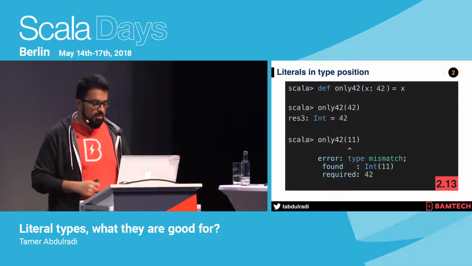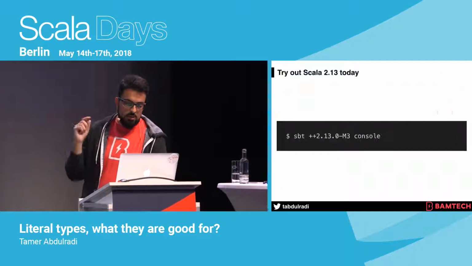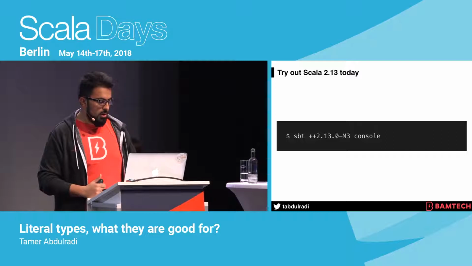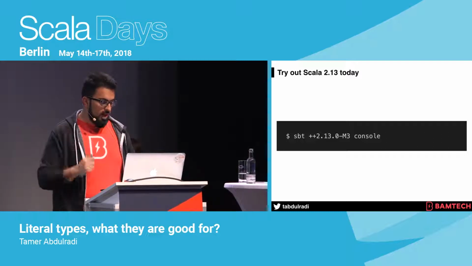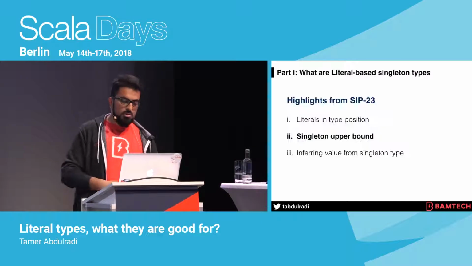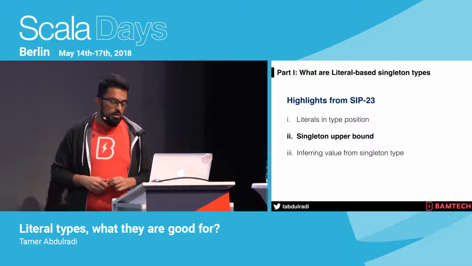And of course, if you pass something else, this is not going to compile. If you want to try this out, you can via SBT. Just jump to the M3 version. You will have access to this feature and also a couple of other features that I'm going to highlight, 2 more of them.